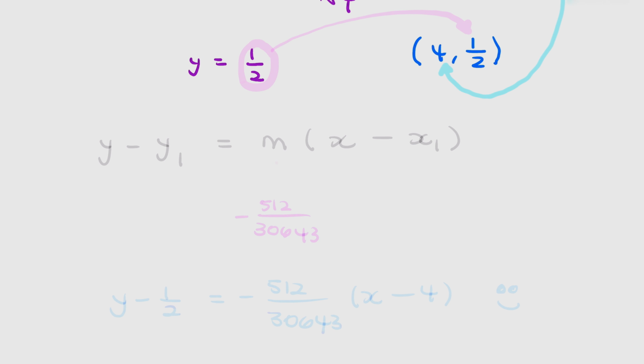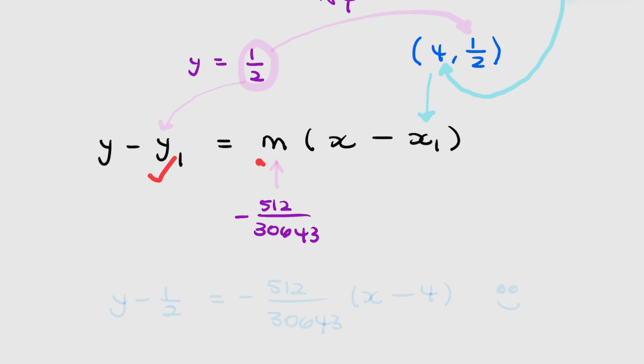And the equation of any straight line can be written as y minus y1 equals m times x minus x1. And x1 is that 4, and y1 is that half, and m is the value which we found earlier, which was 512 over 30643, with a negative sign.